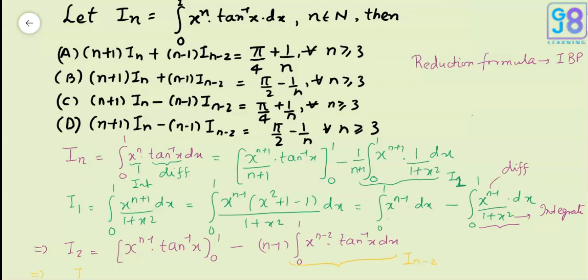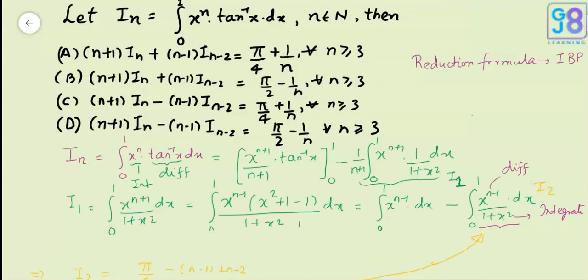In the formula for In, if you replace n by n minus 2, you will get this In minus 2. So we'll just perform this substitution. We'll have I2 equal to, let me put the limits, the first integral simply becoming pi by 4, and my second one becoming n minus 1 times In minus 2. Now this value of I2 I'll substitute where I have labeled I2 over here.